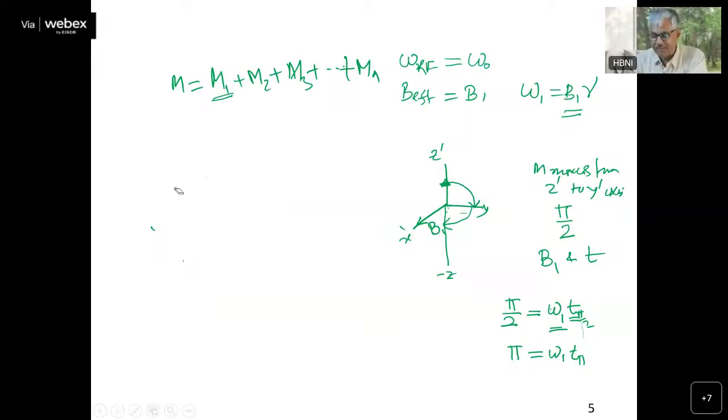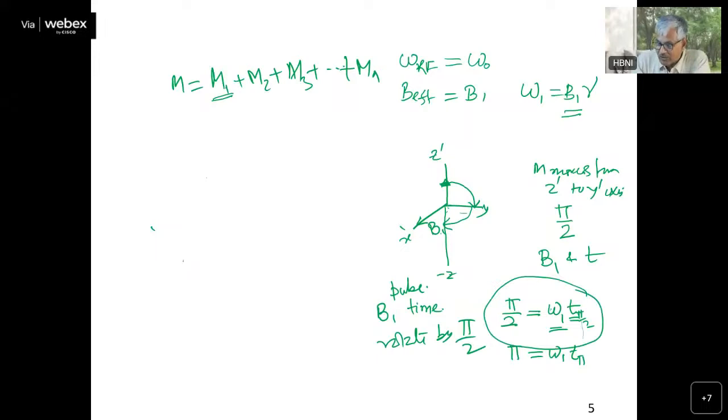Pulse NMR is nothing but, we will be giving the B1 pulse for a particular time, so that it will rotate by pi by 2. That is the only thing that I have already shown you here. That is called the pi by 2 pulse.